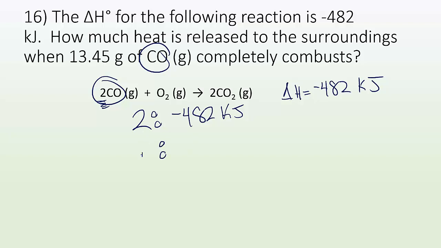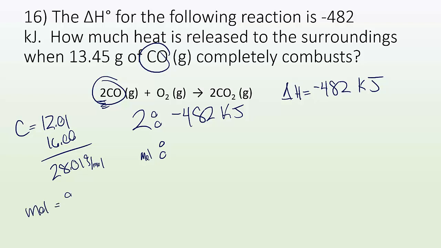So we have to figure out how many moles of carbon monoxide I have. Carbon is 12.01 and oxygen is 16.00. So when I get a formula mass, it's going to be 28.01 grams per mole. If I want moles, I'm going to have to do grams divided by that gram formula mass.